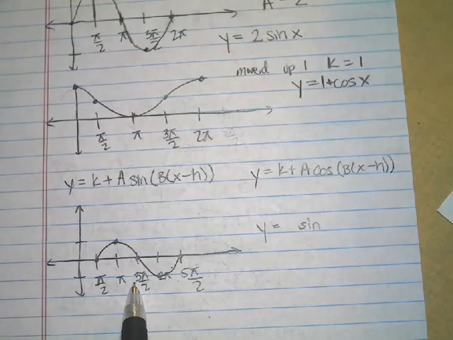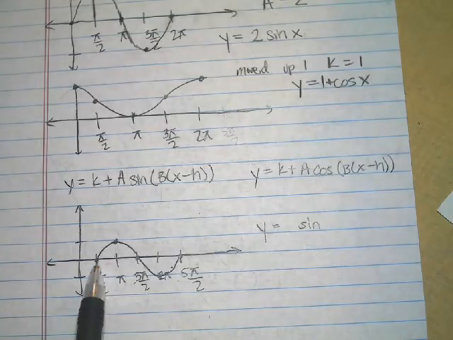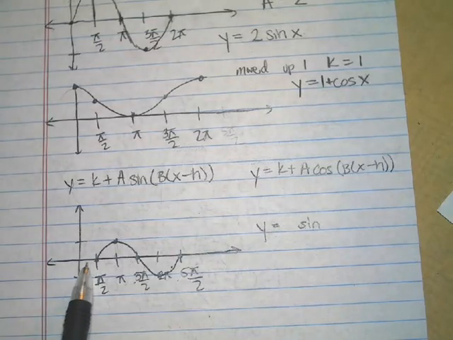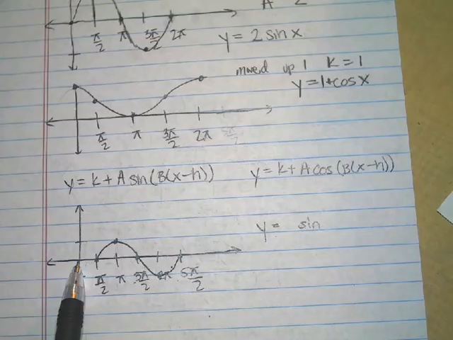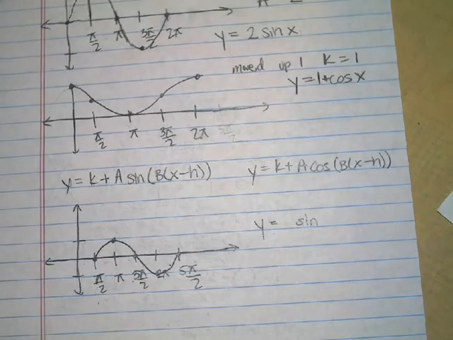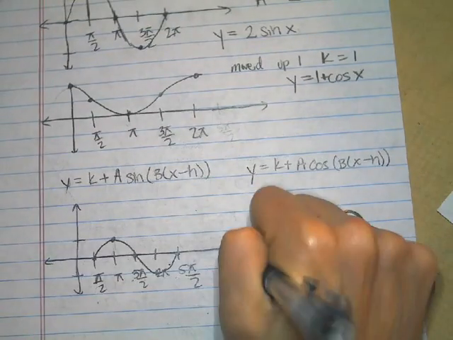So we have y equals something with cosine in it. Is it stretched at all, up or down? No, because it's still 1 from the middle to the top. So we don't need to do anything with the a. Has it been moved up or down? This is the regular one. Is it moved up or down at all? No. Okay, so we don't need to do anything with a k.